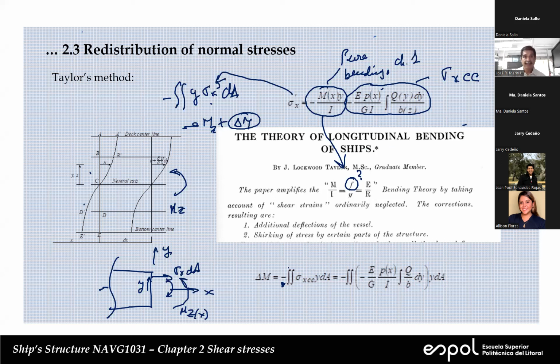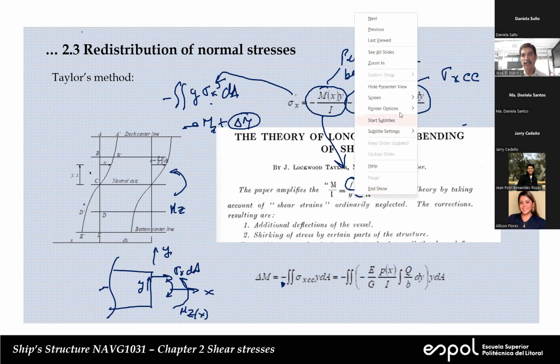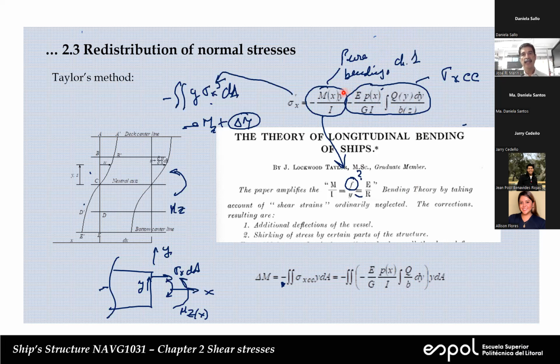So what Taylor proposed, if we have to go back to equilibrium, was to add another term in the original distribution that we have here. Here I have 1, this is pure bending, 2, this is a correction, and we need to add something so that if we take the 3 terms and integrate, we recuperate only this.